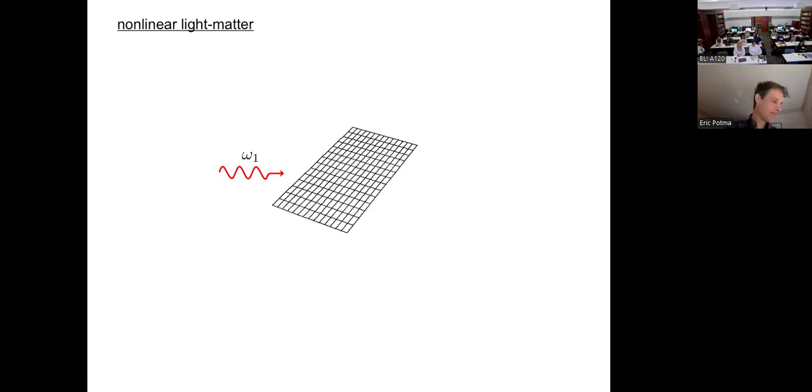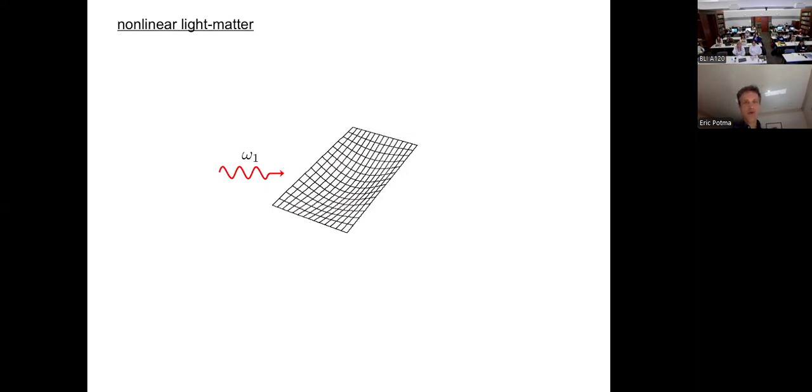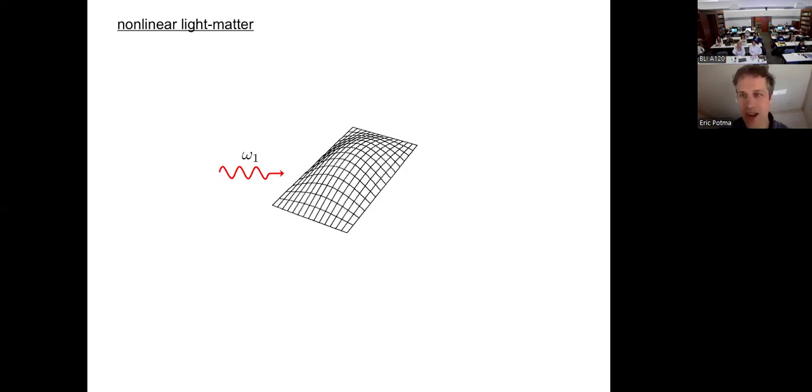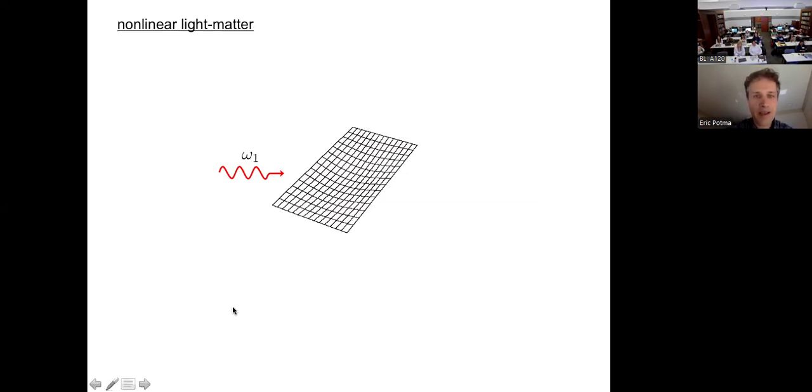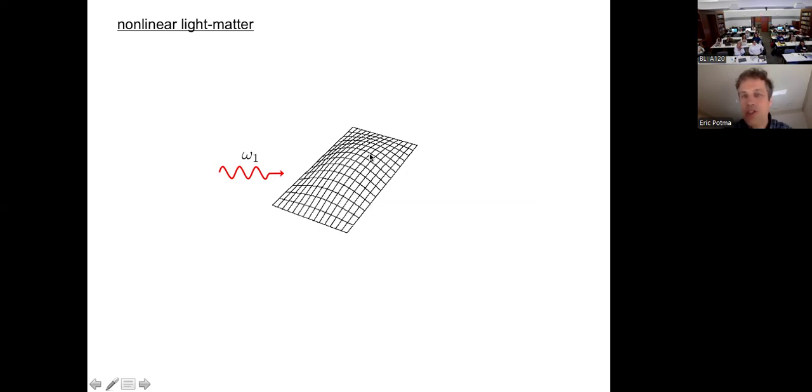So here's a very simple cartoon of what nonlinear interactions really do in your material. Here's a photon. It has a frequency omega-1. So it's hitting my sample, and my sample I simply represent as maybe some molecule that starts to oscillate.